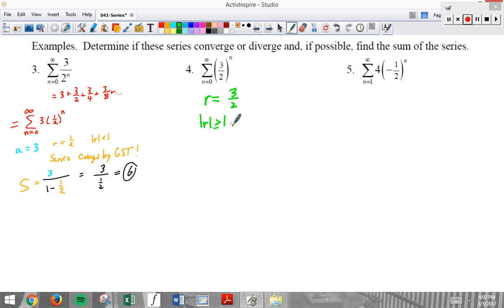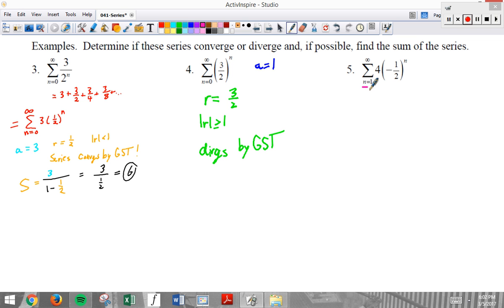Bigger than or equal to? Sure, but definitely bigger than 1. So it diverges by GST. Done. For the record, what's a? What's the first term? Plug in the first thing: n equals 0. a equals 1. There's a 1 in front of there.